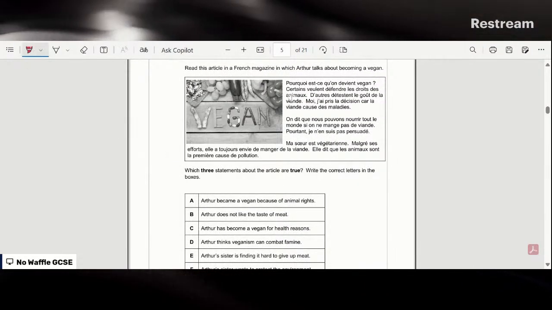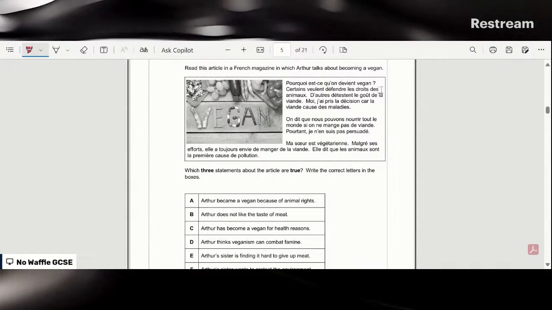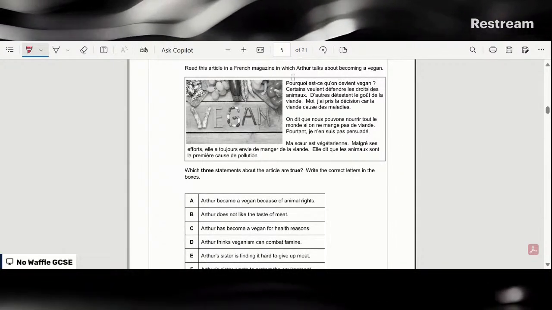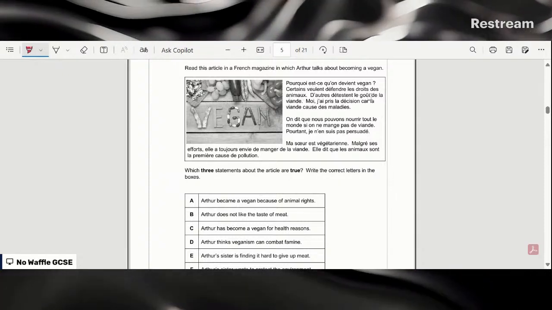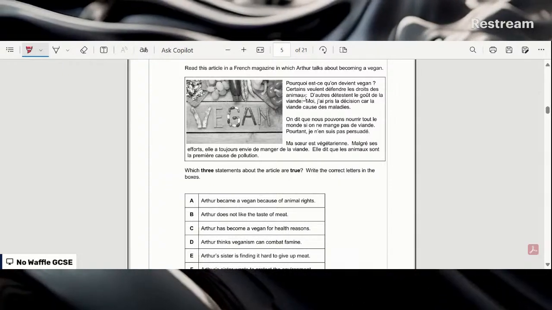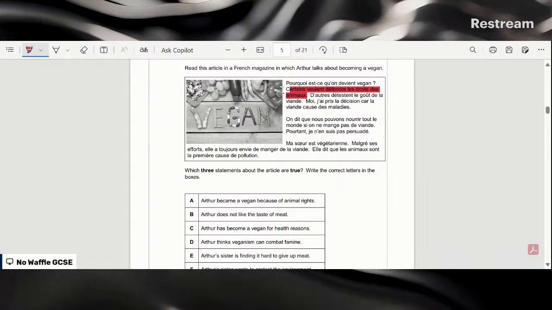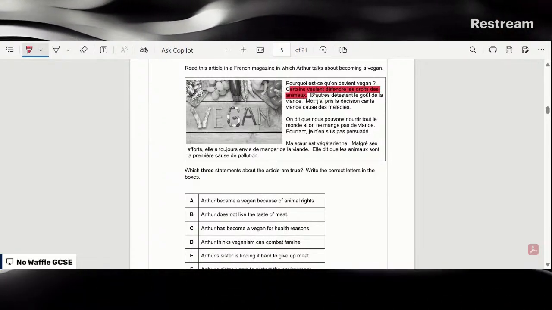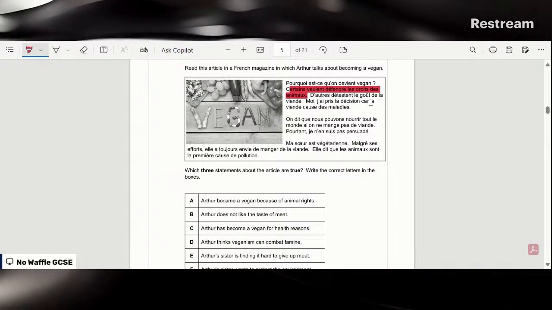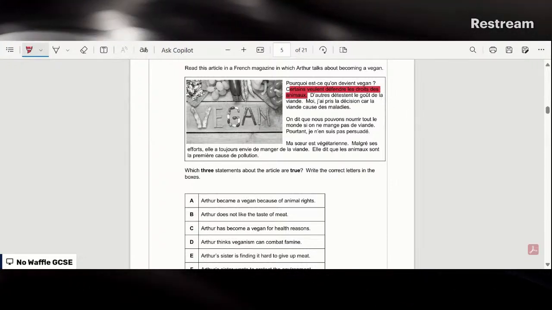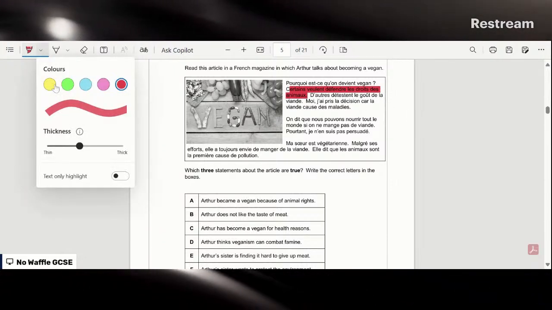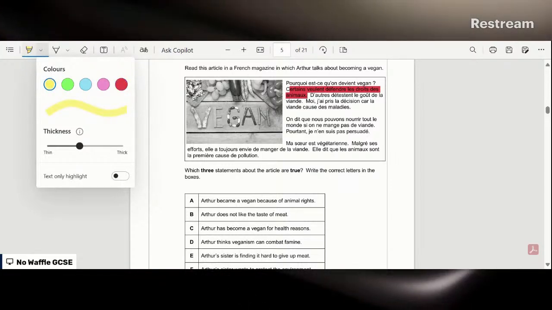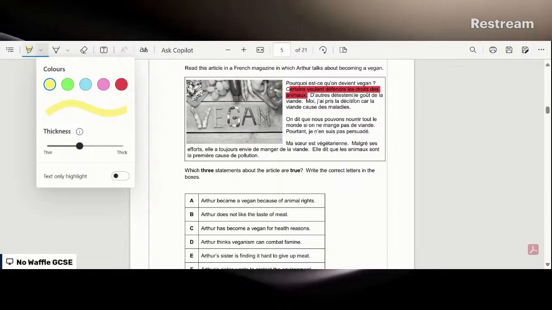So let's read this. Pourquoi est-ce qu'on devient vegan? So why should one become vegan? Certains veulent défendre le droit des animaux, so the rights of animals, certainly one should want to defend them. D'autres détestent le goût de la viande, so a lot of other people detest the taste of meat.